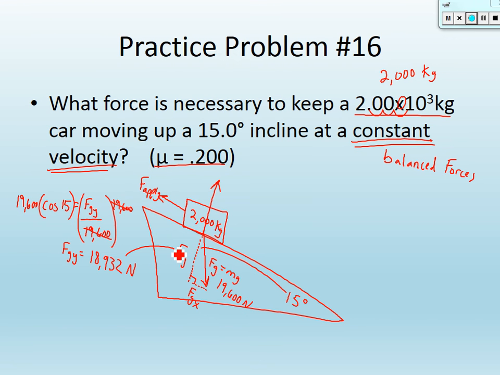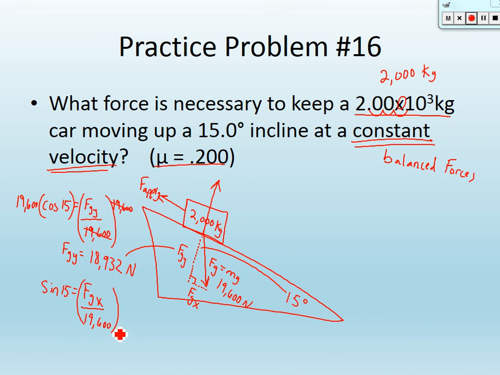Let's figure out what FGX is. Now FGX is opposite, so we're going to use which trig function? Cosine. No, sine. Yeah, you got me there. All right, so sine of 15 is equal to opposite, which is FGX, all over the hypotenuse, which was 19,600.